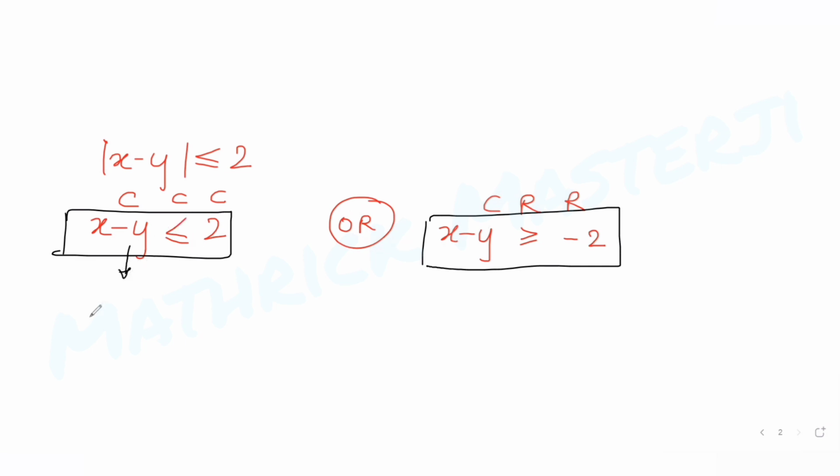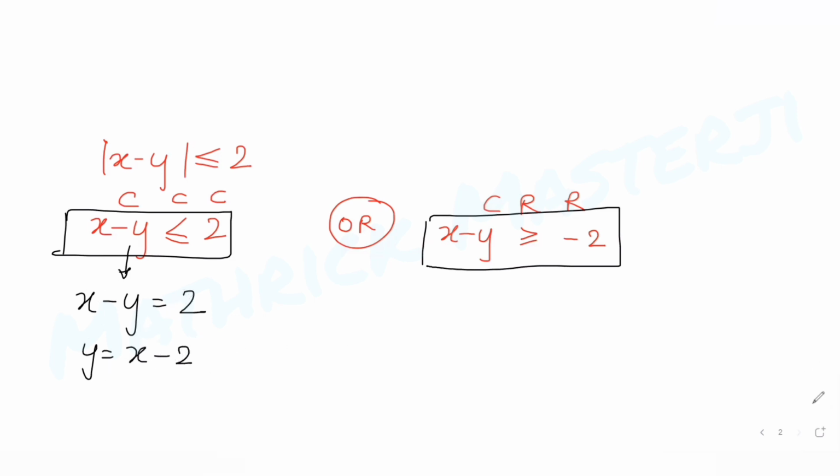Whenever we have an inequality, what we do is remove the inequality, put equal, and solve for that. So putting it as equal, x minus y is equal to 2, so I get y is equal to x minus 2. Let's plot this. We have the y-axis and the x-axis.